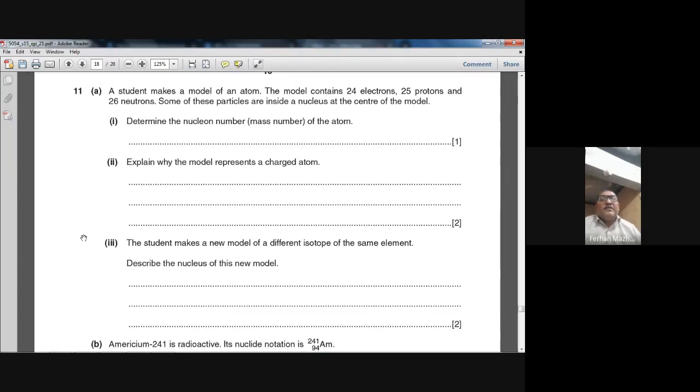The protons are positively charged, so they are 25, and the electrons are negatively charged, they are 24. So there is one more proton as compared to electrons, so it will be positively charged.